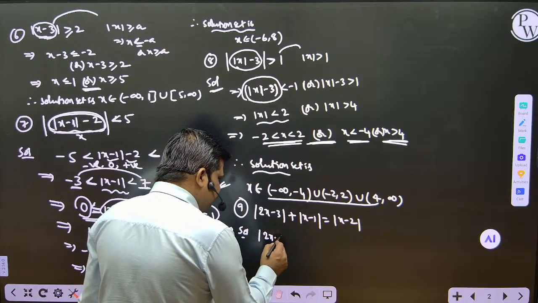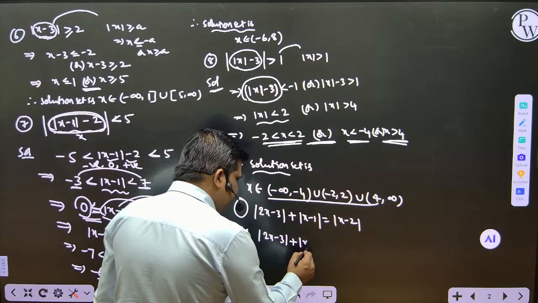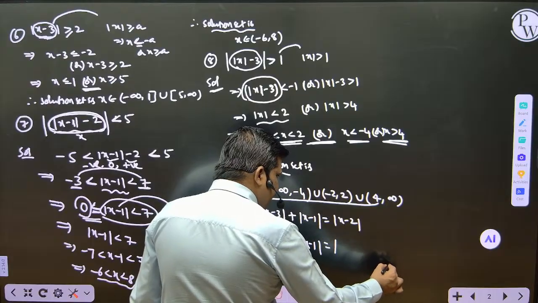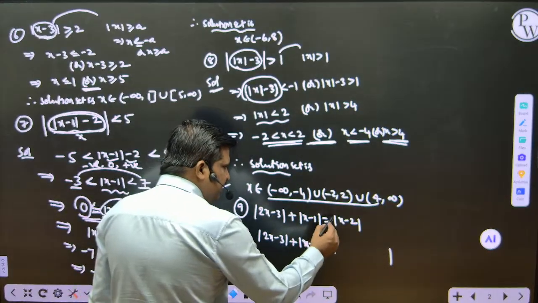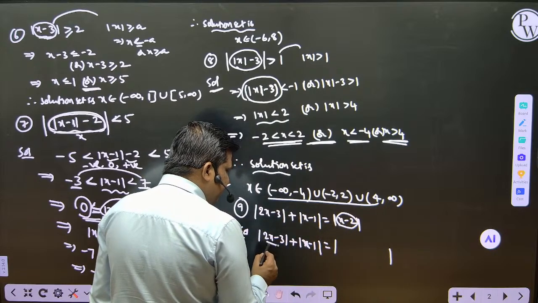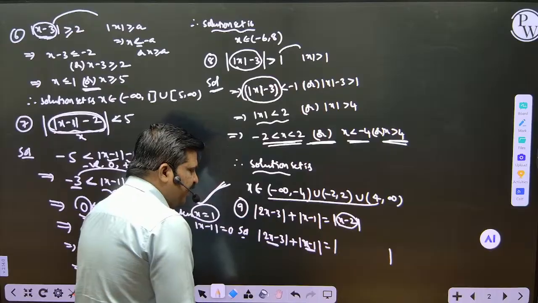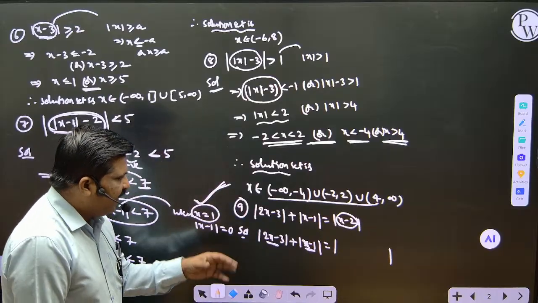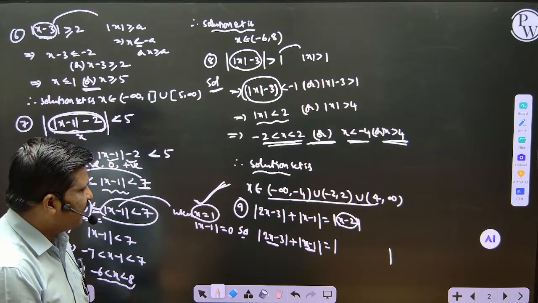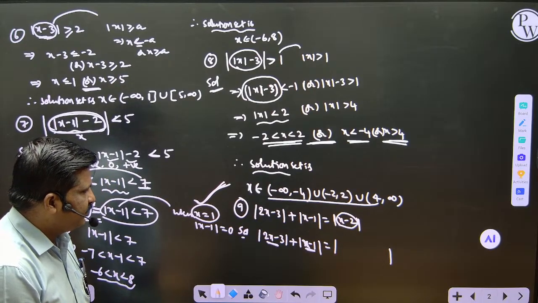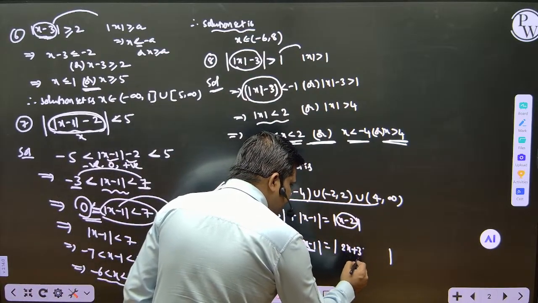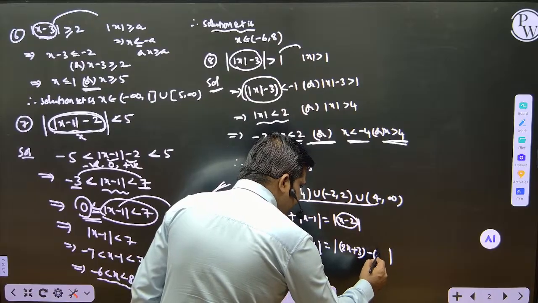Modulus of 2x minus 3 plus modulus of x minus 1 is equal to... Try to write what is inside the modulus in terms of these two only. How can I write it? I can write 2x minus 3 minus (x minus 1).